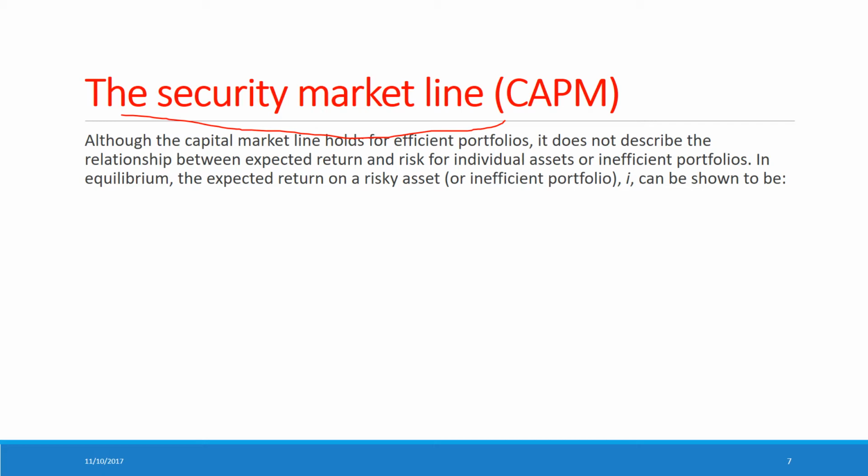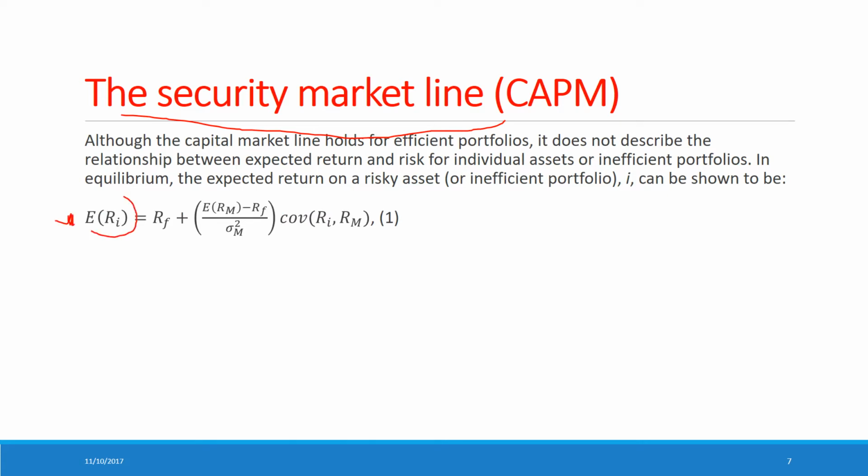for individual assets. So in equilibrium, the security market line or the CAPM model says that the expected returns on risky assets could be shown to be following this relationship over here, right?